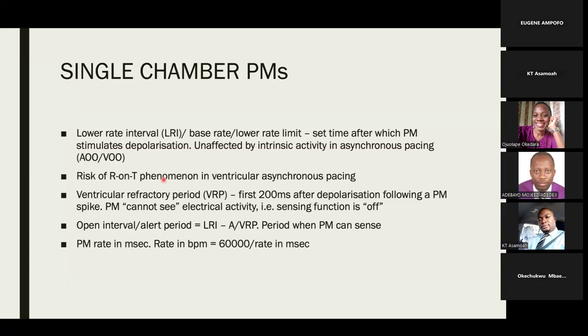And if it senses that, then it delays the next depolarizing cycle. So the ventricular refractory period is a time when the ventricular lead is essentially turned off. So it cannot sense the impulse that it has just fired. That's the principle of the ventricular refractory period.